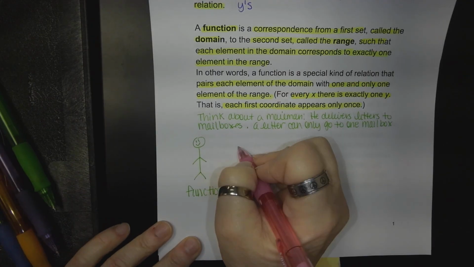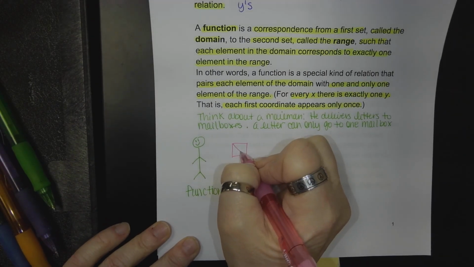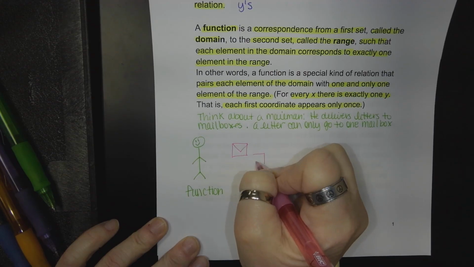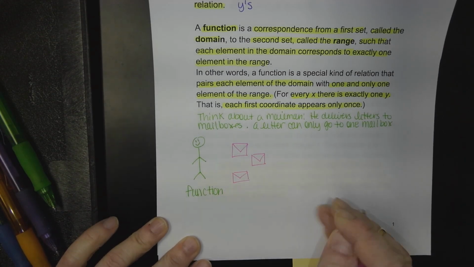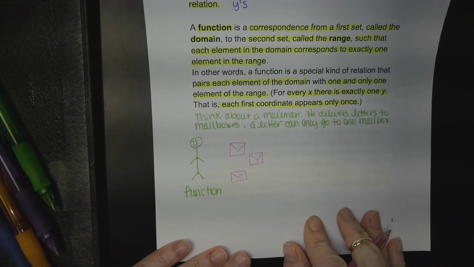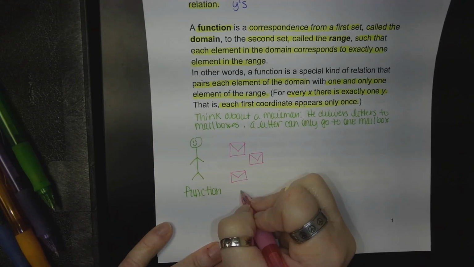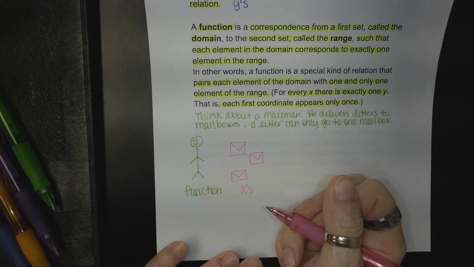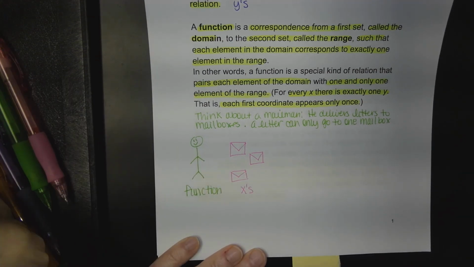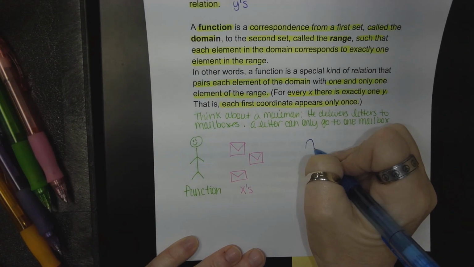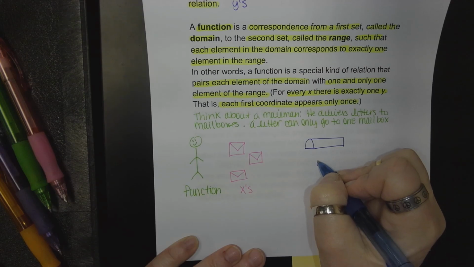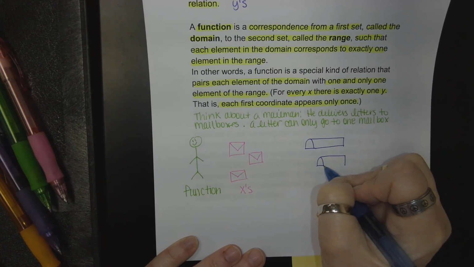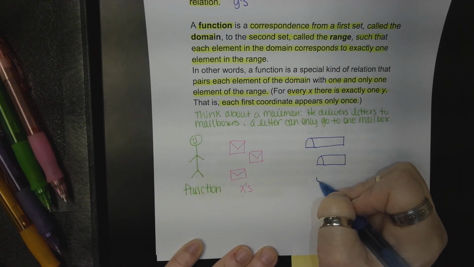And here are our letters. I don't have to wonder why I didn't major in art, right? So these are our X's. And then here are our mailboxes. These are our Y's.